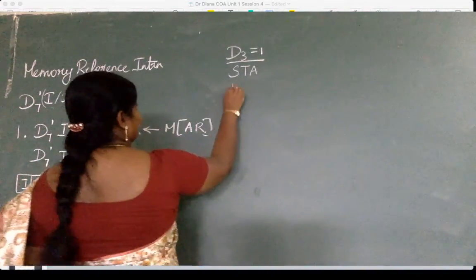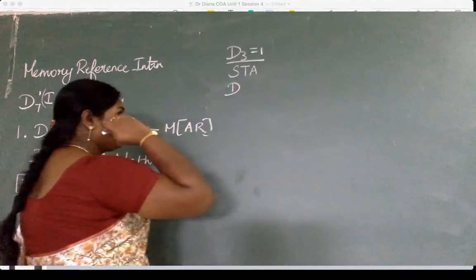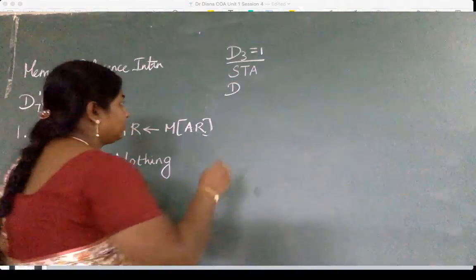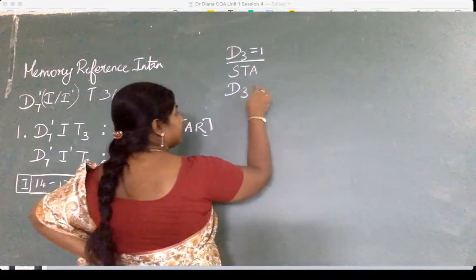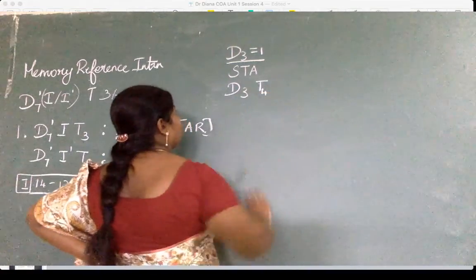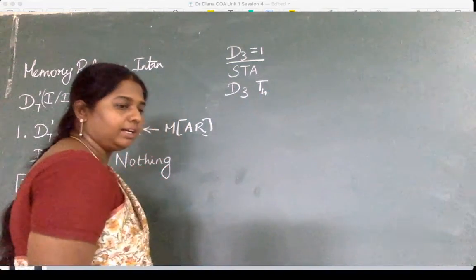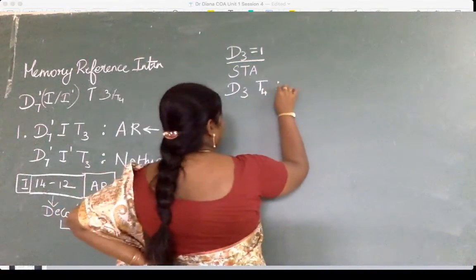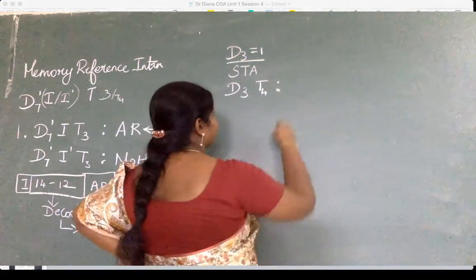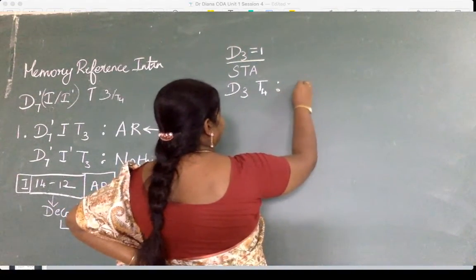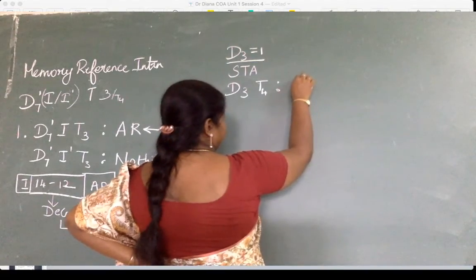So this can be done as D3 at time cycle T4: at time cycle T4, I have to send into memory.